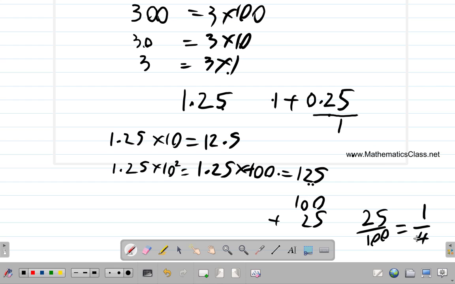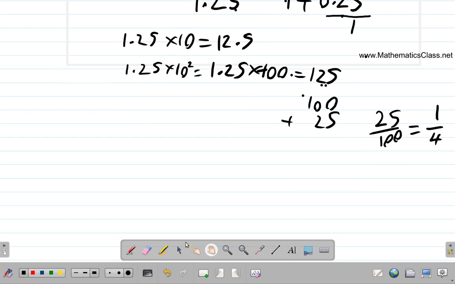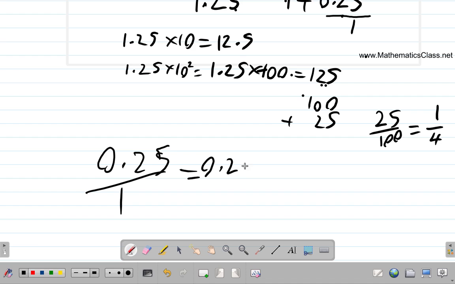So 0.25 is the same as a quarter. You see, 0.25 means 0.25 out of 1. And if I want to change up these numbers by multiplying, I see that I could multiply 0.25 by 100 and I get 25.